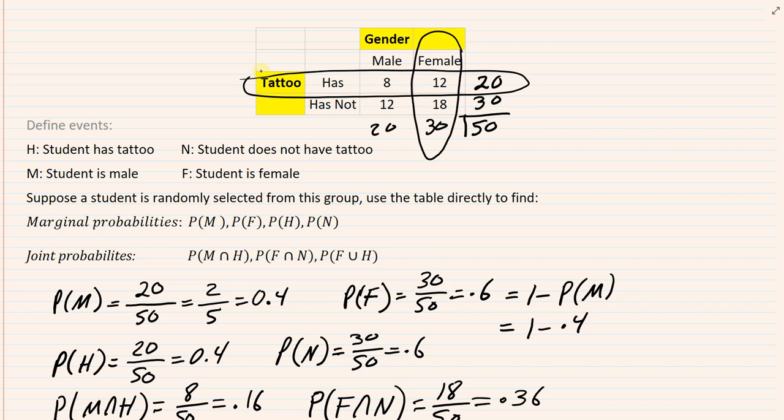Now, as you can see, the intersection of these 12 females were selected twice, once as being female and a second time as having a tattoo. So that is our duplicate. We need to remove the duplicates, right? So the number of outcomes favorable is 20 plus 30, subtract 12, right? And that's going to make this 38. So that's how many students qualify for that event once we remove the layer of duplicates.